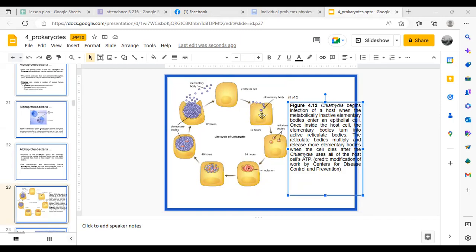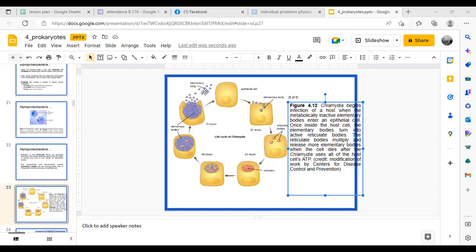Outside the cell, these elementary bodies do not do anything metabolically, but once they are inside the cell, the elementary body can turn into reticulate bodies. So what happens is they will multiply and they will form networks. That's where the word reticulate comes from. So they form networks inside the host cell.